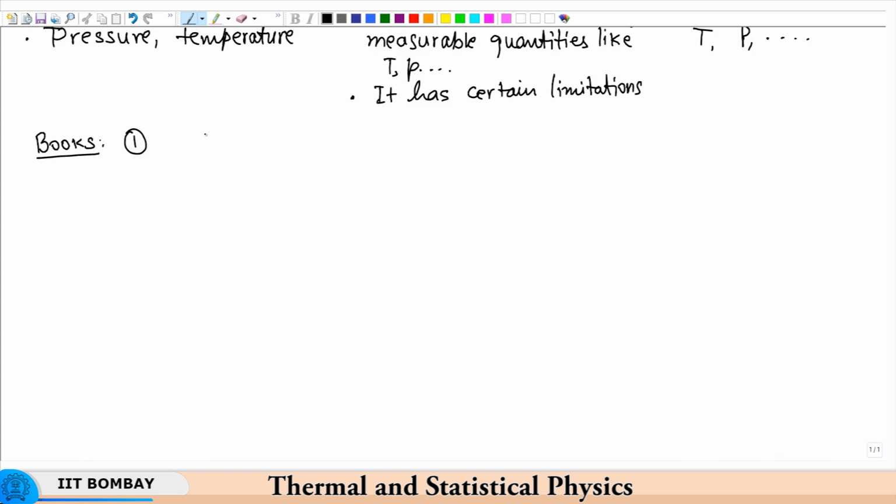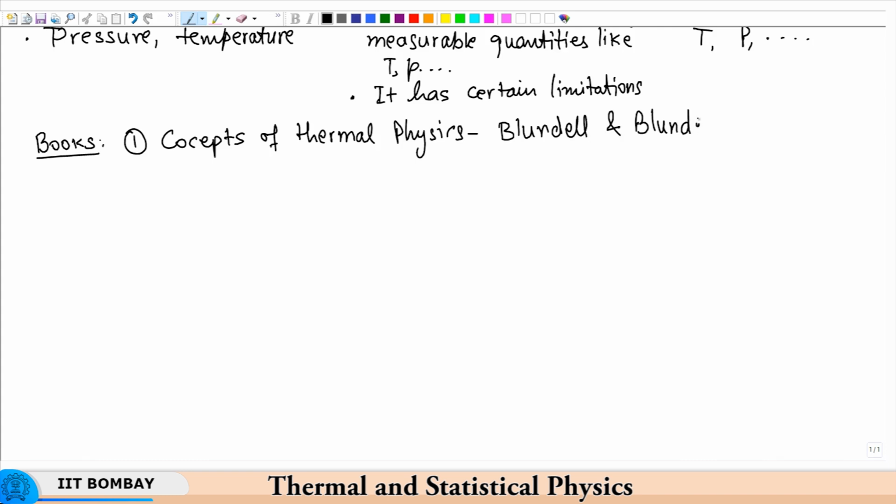The first one is Concepts of Thermal Physics by Blundell and Blundell, and the other one is Thermal Physics by Charles Kittel.